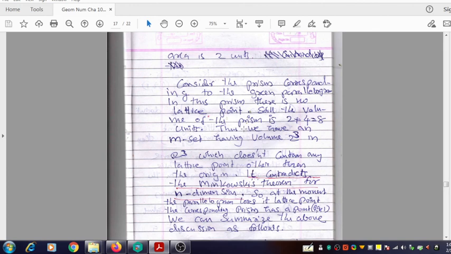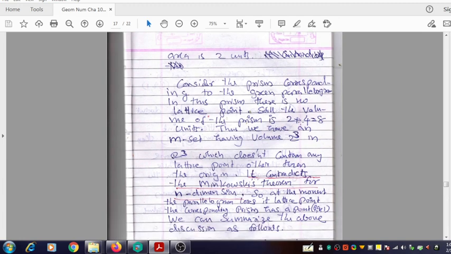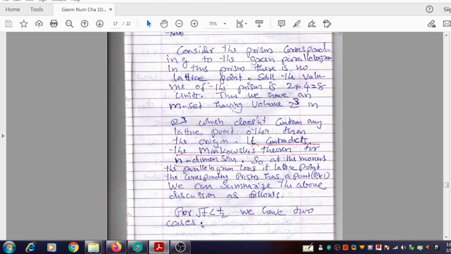Yeah, here it is explained. So consider the prism, and that has a volume of 8 units. Still the volume of that prism is 8 units, and then we have an M set having volume 2 cube in R3, the 3-dimensional Euclidean space.